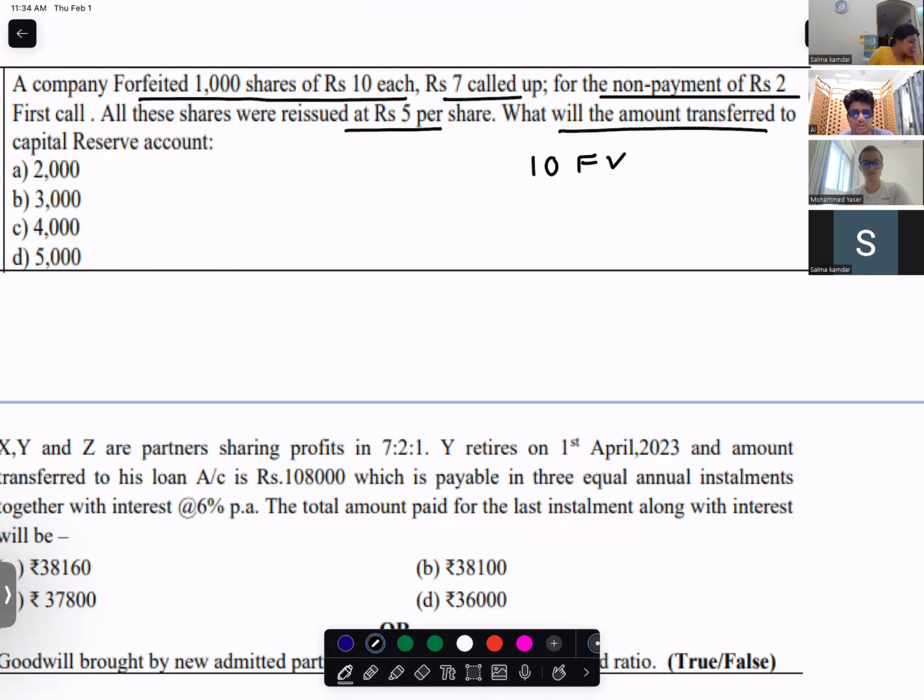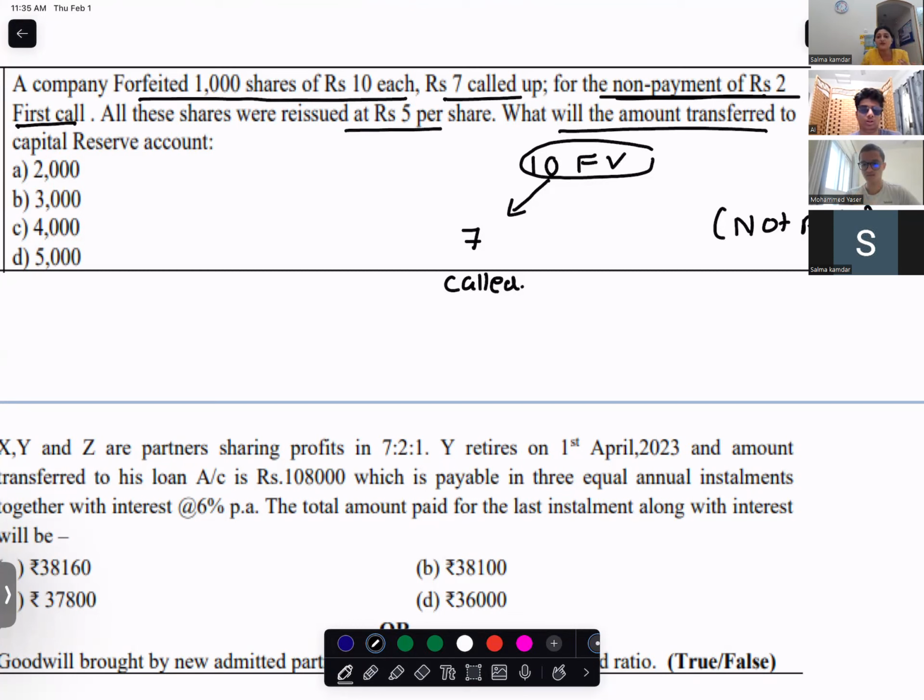Okay, fine. I called up 7 for non-payment of rupees 2. That means on this share I have called up rupees 7 and the people have not paid how much? 2. 10 was the face value.